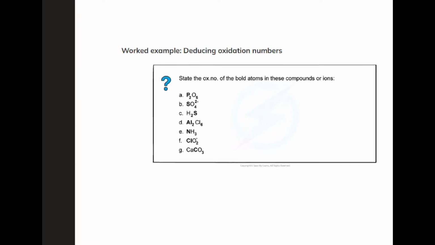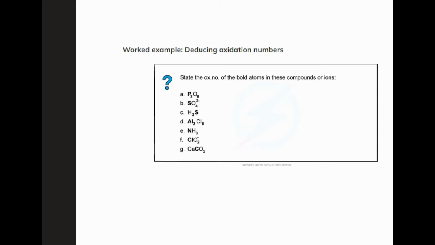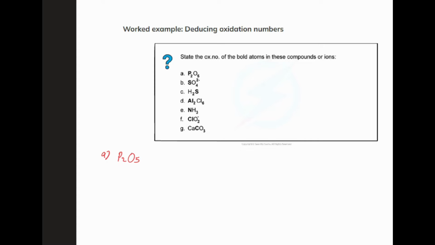I will put this as an example. Deducing oxidation number: state the oxidation number of the atoms in these compounds or ions. I start from A. P2O5. Let's say we want to find the oxidation number of phosphorus.